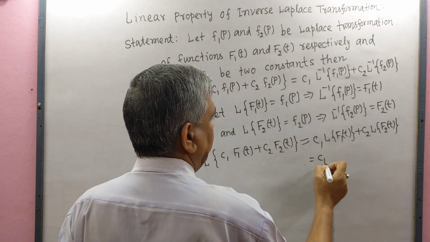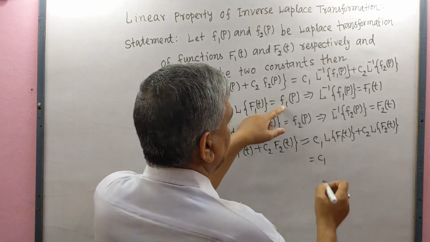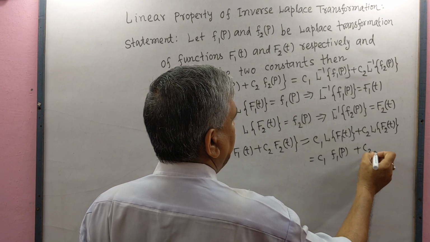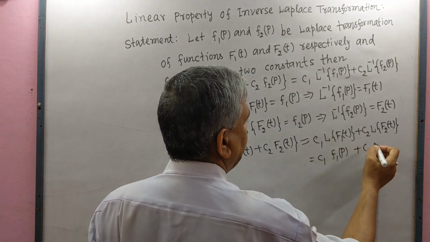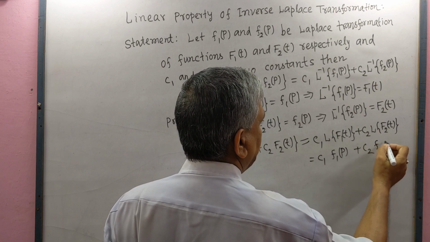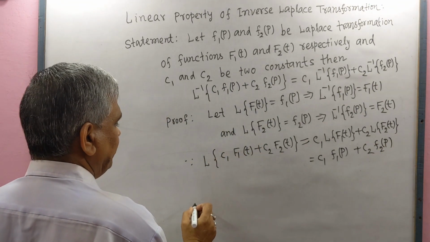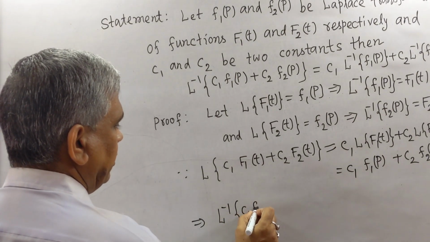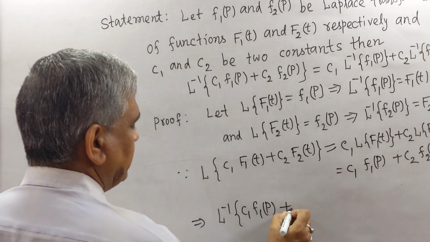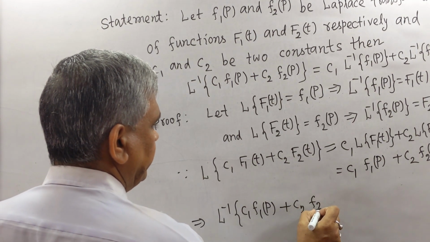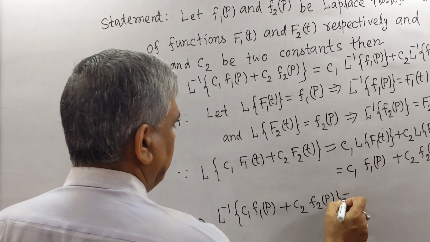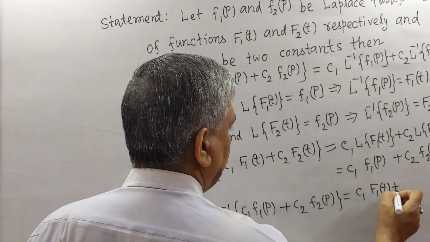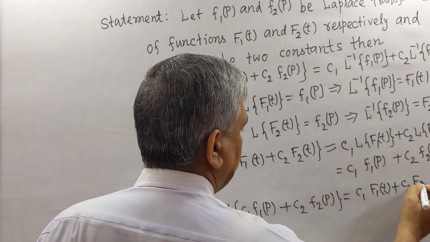Here C1 L{F1(t)} = f1(p), C2 L{F2(t)} = f2(p), which implies that L inverse {C1 f1(p) + C2 f2(p)} = C1 F1(t) + C2 F2(t).